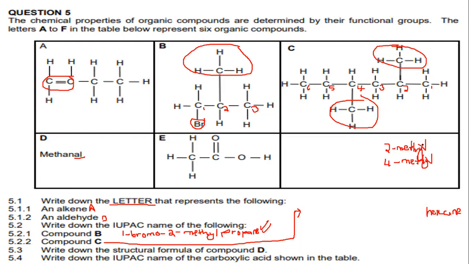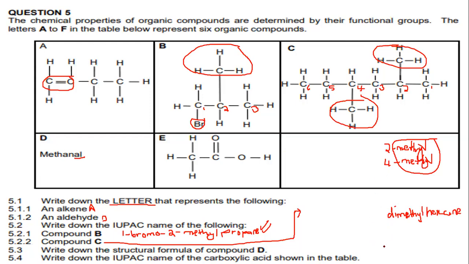But because I have 2 of the same substituents, because they are both methyl, then remember the IUPAC rule says you must say that this is a dimethyl. Why are you saying this is a dimethyl? Because you have 2 of the same substituents, so we say it's a di, because di means 2.